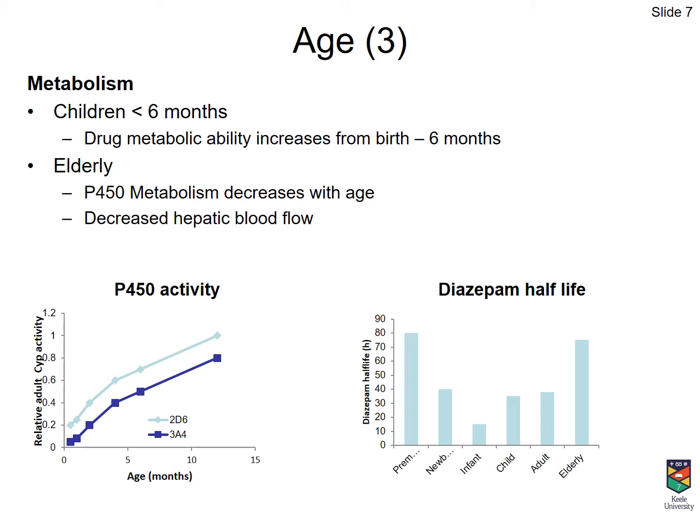In the elderly, we tend to see that cytochrome P450 metabolism drops off, and part of this is due to the decreased blood flow to the liver, and so as a consequence we start to see again an increase in the half-life of diazepam as patients become more elderly.